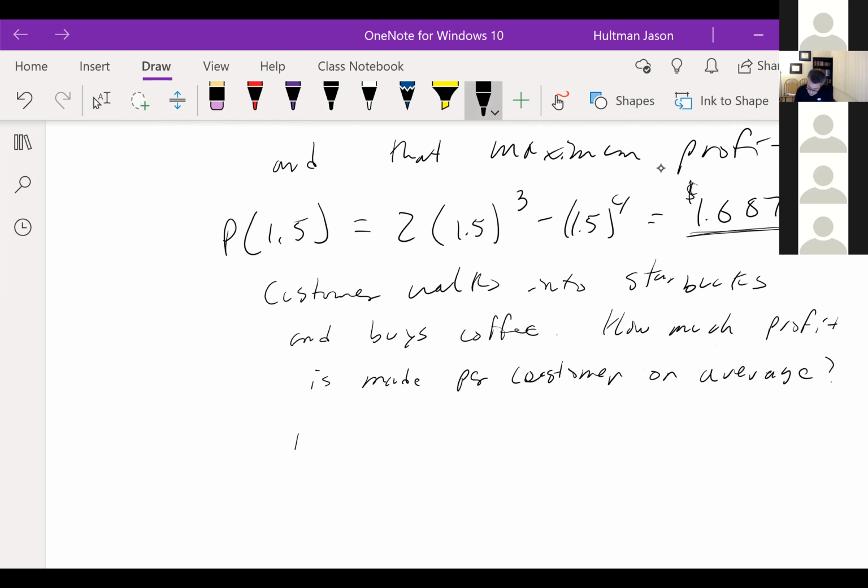The max profit per customer is $1.69. Every one that comes in, they're making $1.69 in profit. You're not giving away the coffee for free, and it takes materials to make the coffee, but on average, they're making $1.69 in profit for every customer that walks in their door. Does that make sense? Good stuff.